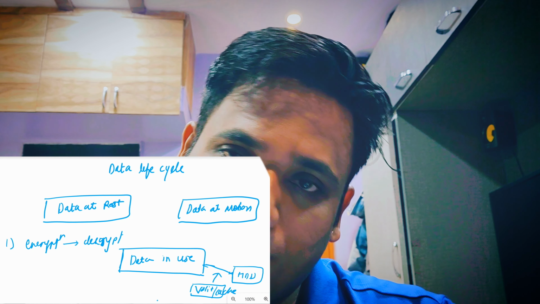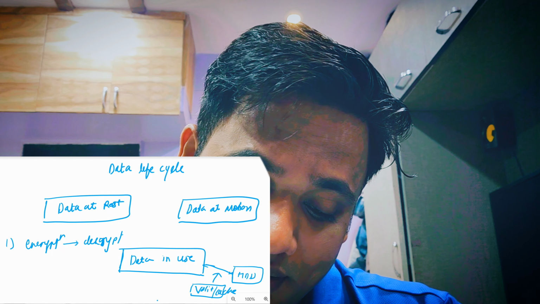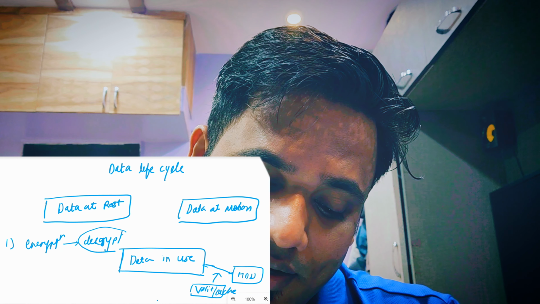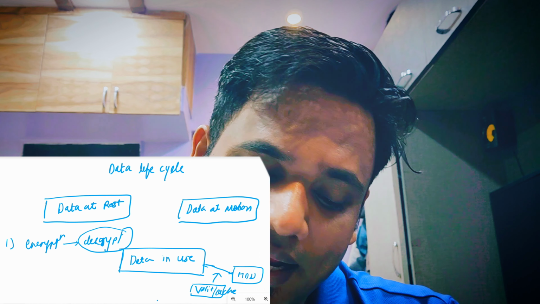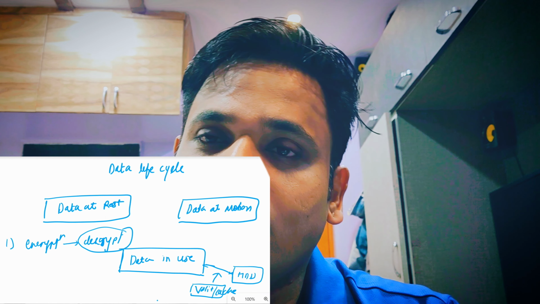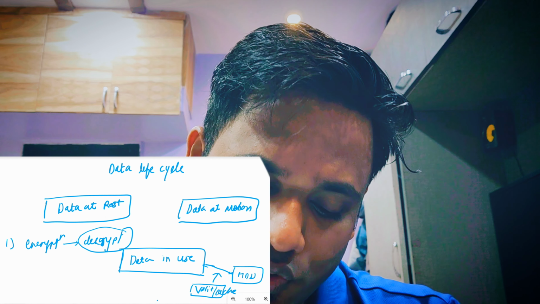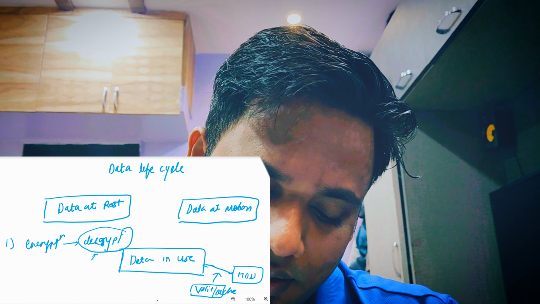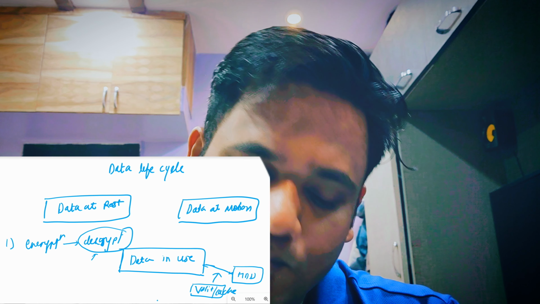If it is in encrypted format, you can't see it well and you won't be able to use it. But when it is in a decrypted format, in the original format, you can use it well. So that data needs to be decrypted, and that decryption needs to be handled on data which is in use. So that is one issue: once the data is decrypted, a malicious user can see it.